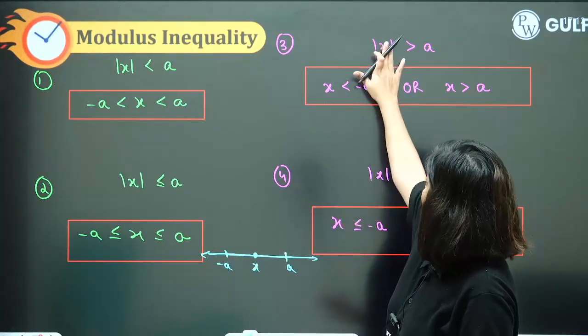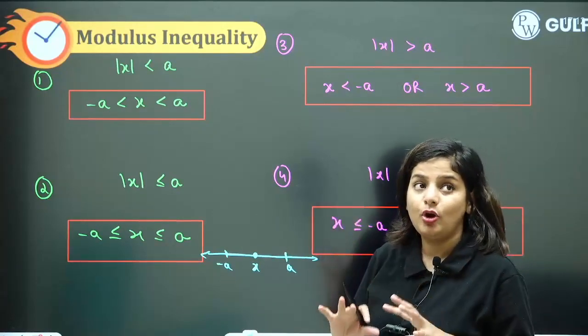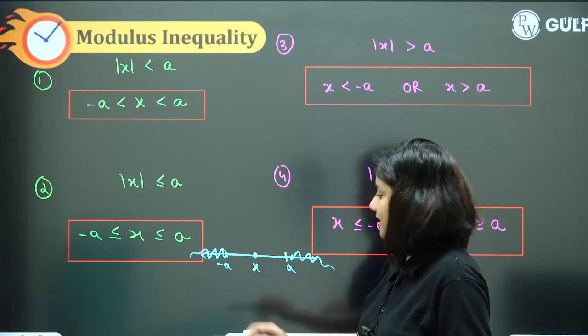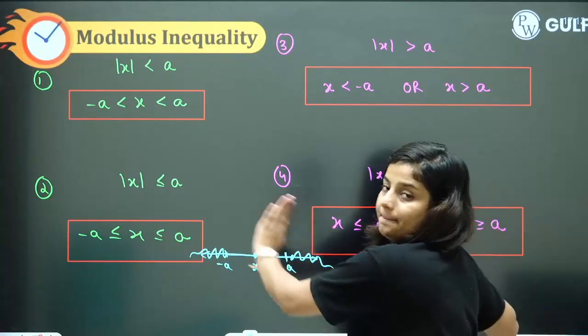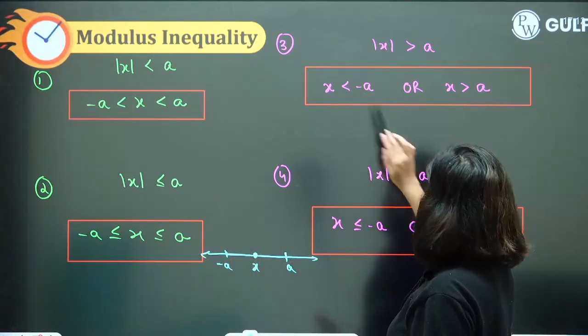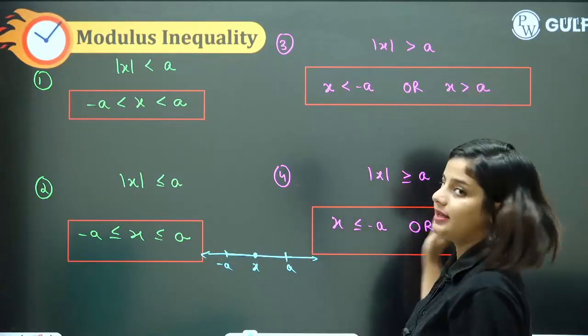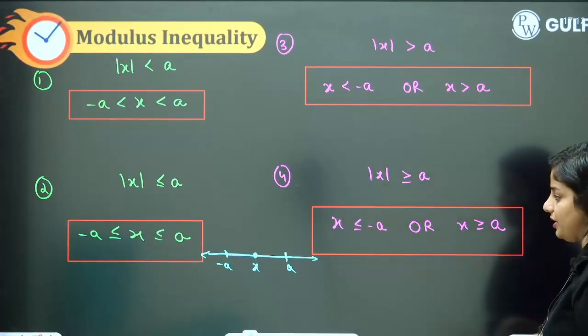But if I say modulus x is greater than a, then x will always be greater than a or less than minus a. Beyond a, below minus a: x is less than minus a, x is greater than a. If equal to is there, include the equal to.